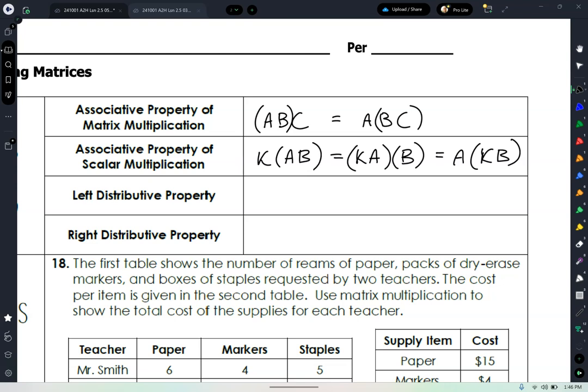We can scale either of the matrices we're multiplying first and then multiply by the other matrices. Again, maintaining that same order that A is on the left and B is on the right.